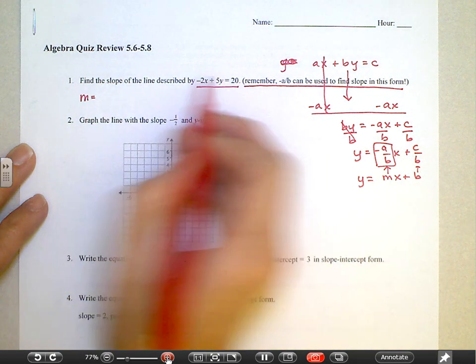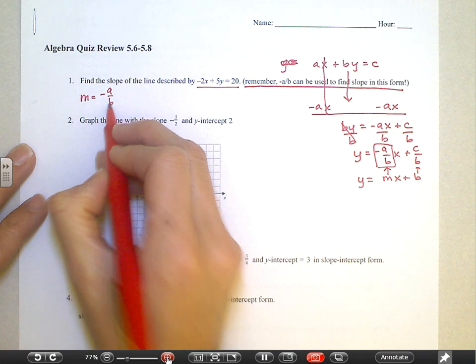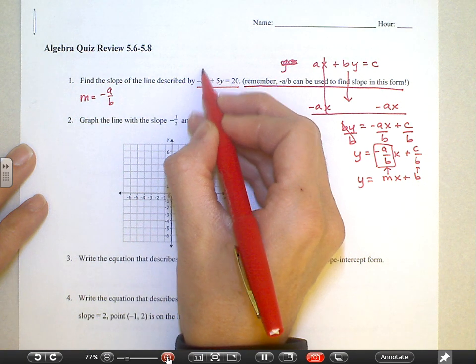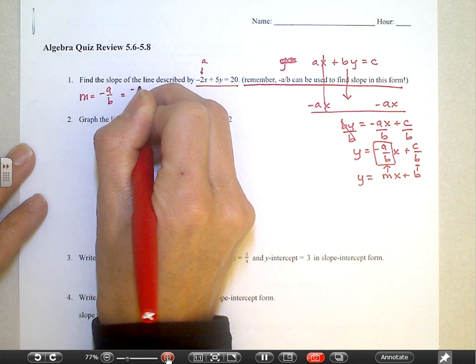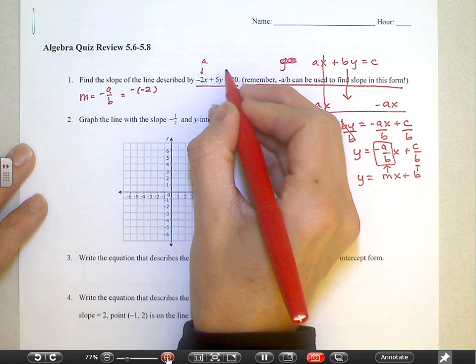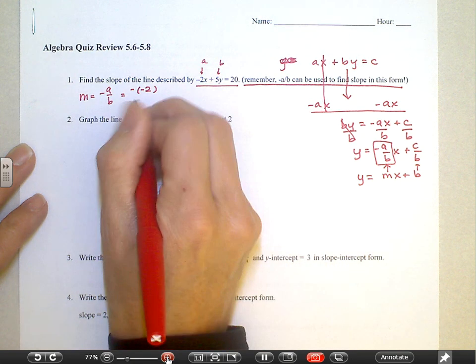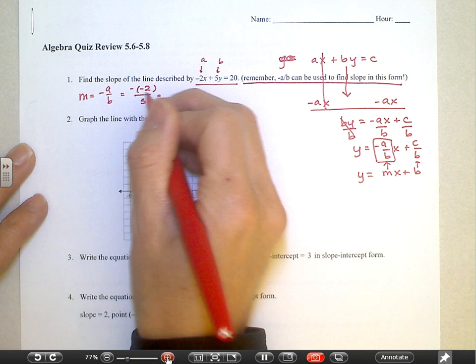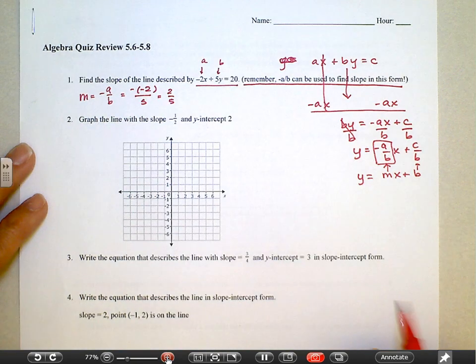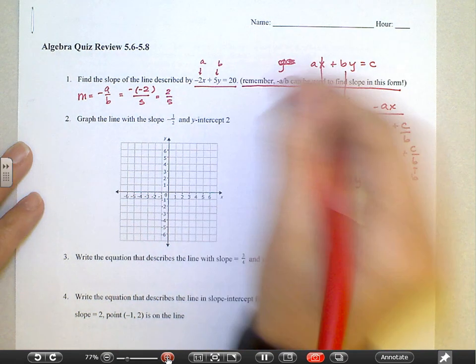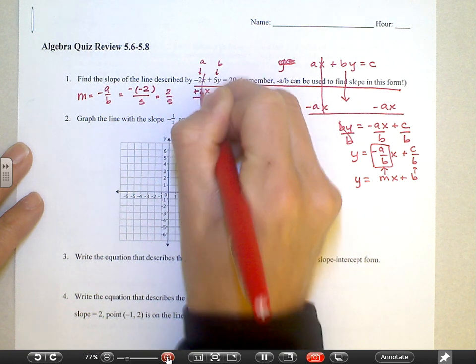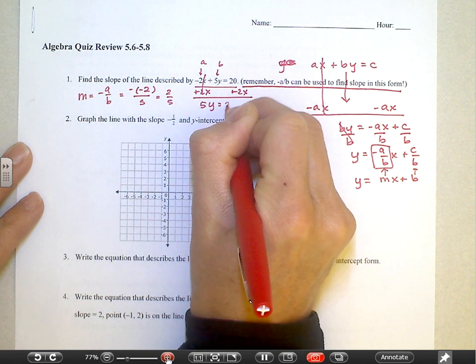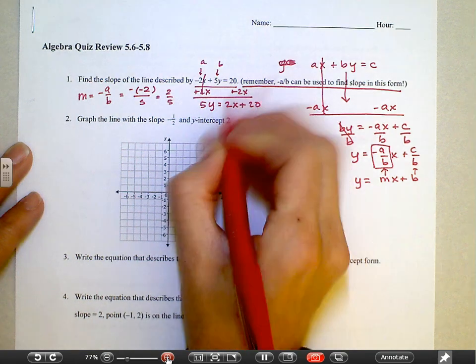So if I do -a over b, my a is -2, so that's negative of -2, and then my b is 5. So it's +2 over 5. Or, if you have -2x plus 5y equals 20, if I add 2x to both sides, I have 5y equals 2x plus 20.